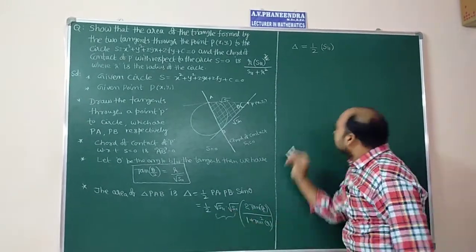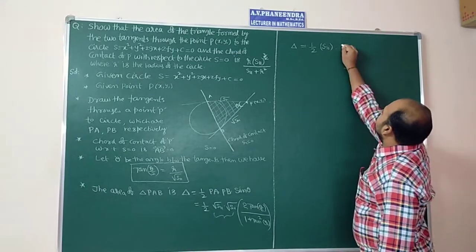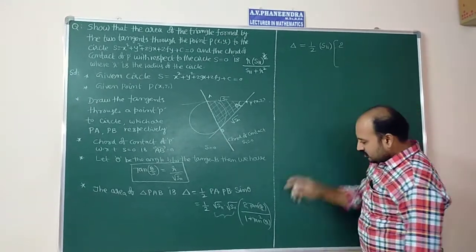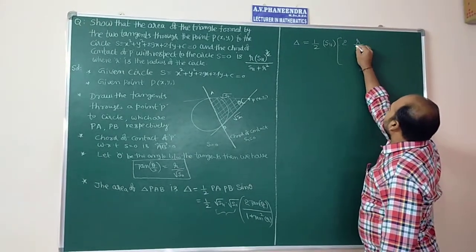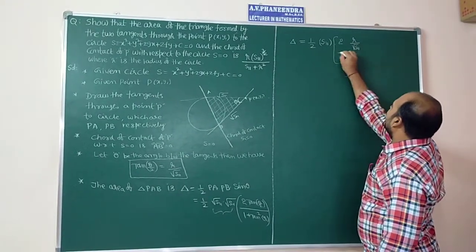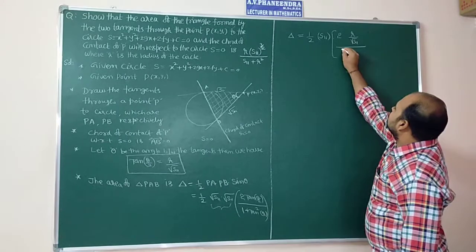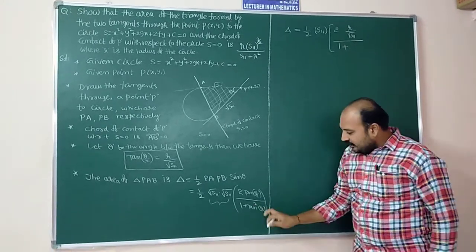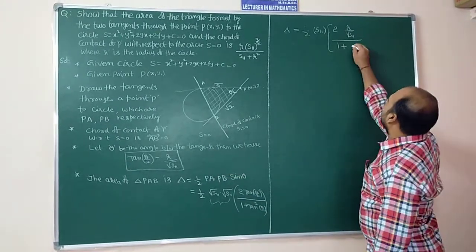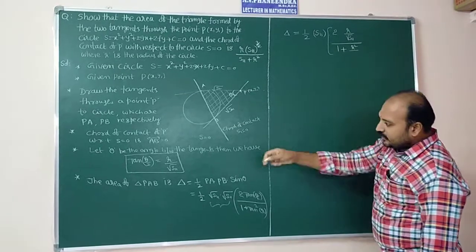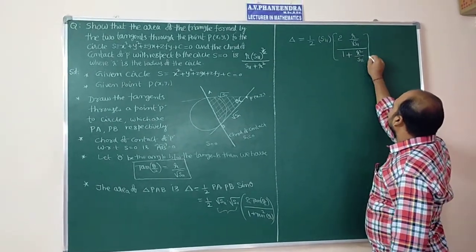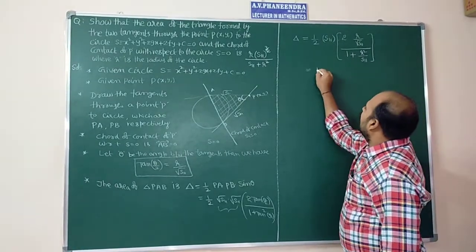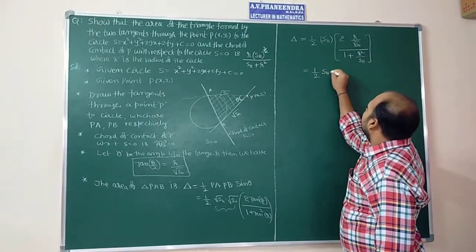These two will become S11, into 2 into tan(theta/2), which means r/√S11, divided by 1 plus tan²(theta/2), that means the square of that one, r² divided by (√S11)², that means S11, which is equal to half into S11.